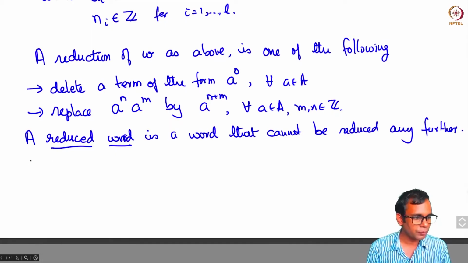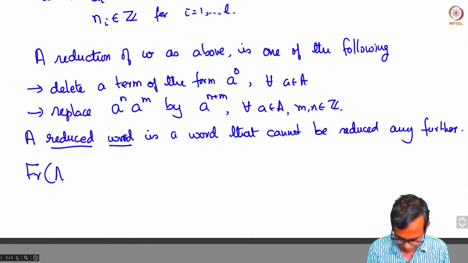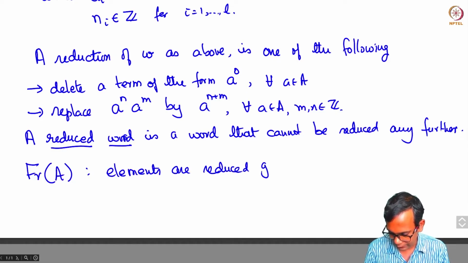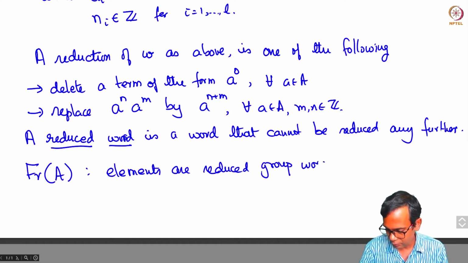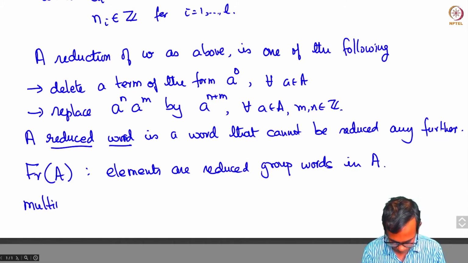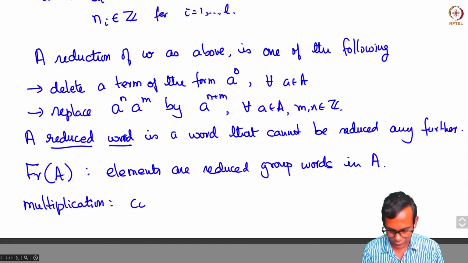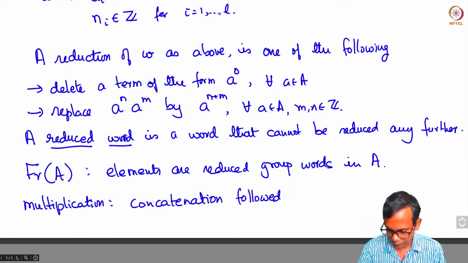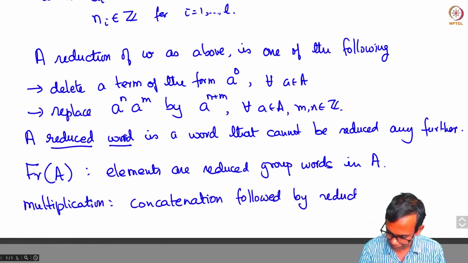And now the free group of A is defined as follows. Its elements are reduced group words in A, and its multiplication operation is a concatenation of words followed by reduction.